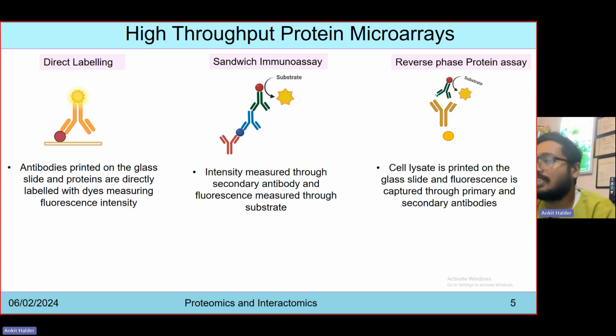And the reverse phase protein array, which we have already looked at, is where the cell lysates are printed on the glass slide and the fluorescence is captured through primary and secondary antibodies, with the secondary antibodies acting as the substrate. So here, the cell lysates. What are cell lysates?